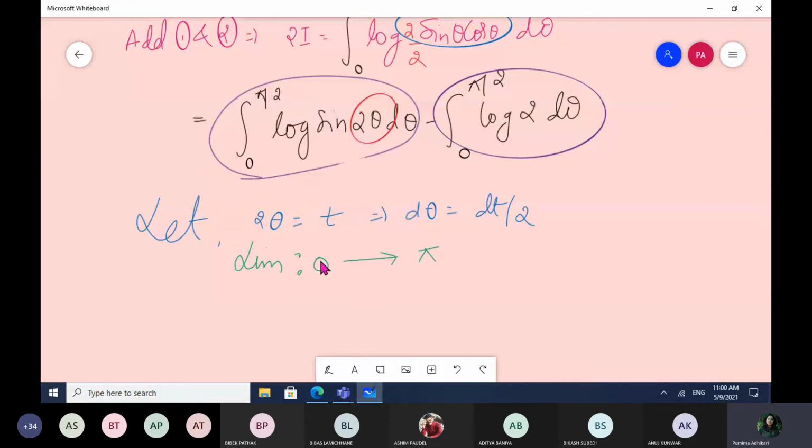Okay, 0 to pi. Now let's change this integral. Let's change that, and your new integral will be, you can write from here, 2I on the left hand side.